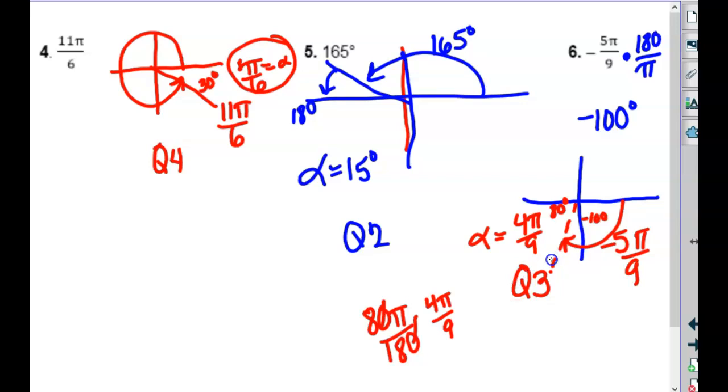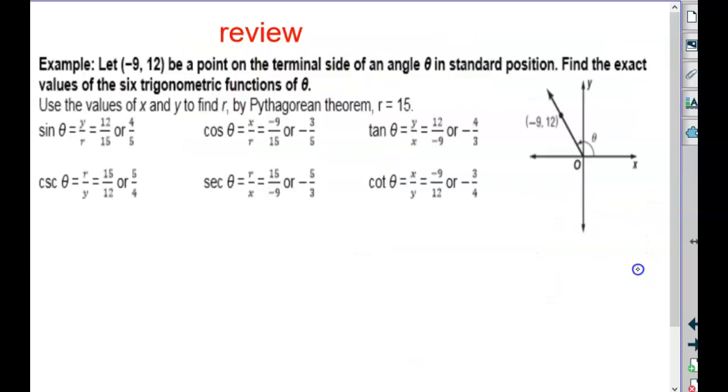Martin just thought in radians. He said this line is pi. So pi minus 5 pi over 9 is 4 pi? Yes, yes. But could you all get there eventually, whether you change it to degrees or not?